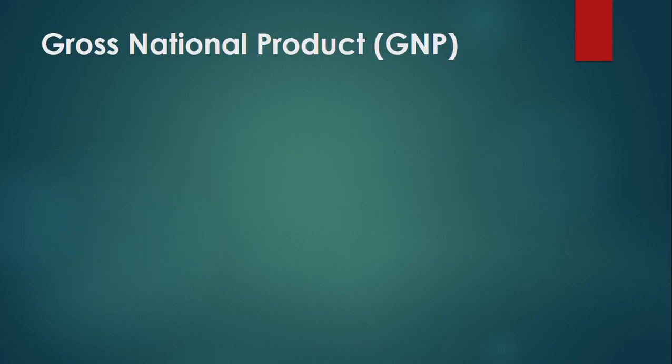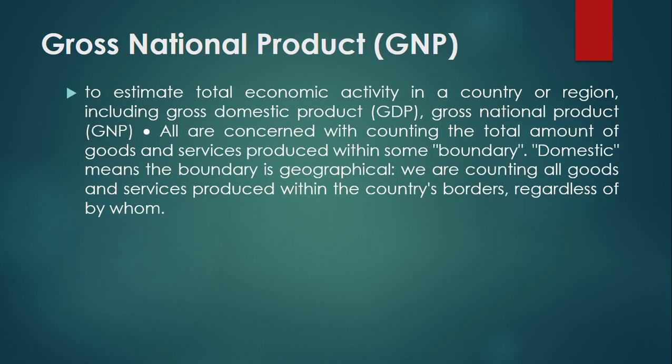Now let us come to what is gross national product. This is to estimate total economic activity in a country or region, including gross domestic product GDP and gross national product GNP. All are concerned with counting the total amount of goods and services produced within some boundary.